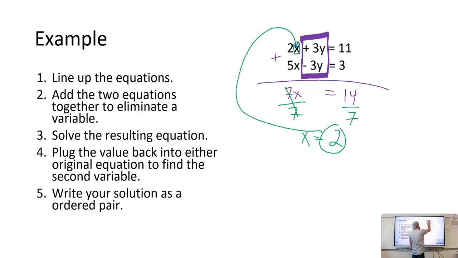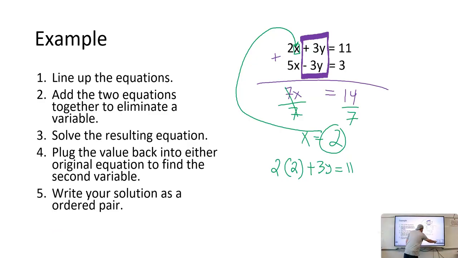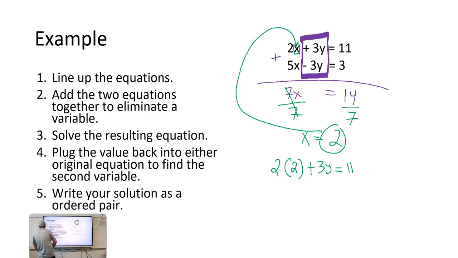I'm going to plug it back in right there. So I'm going to rewrite it as 2 times x, which is actually 2, plus 3y equals 11. And then we're going to solve that equation. We end up with 4, because 2 times 2 is 4, plus 3y equals 11. Subtract 4 from both sides, and we get 3y equals 7.